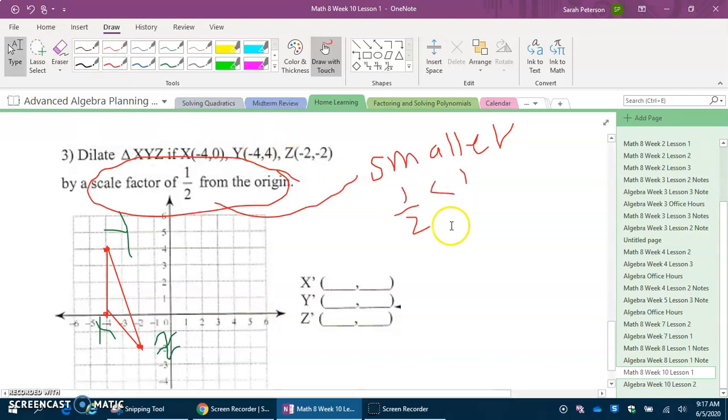So the first thing I'm going to do is take that 1/2 and look at my original points. The easiest way to do this is to take your calculator, and you can do -4 for the x coordinate and multiply it by 1/2.